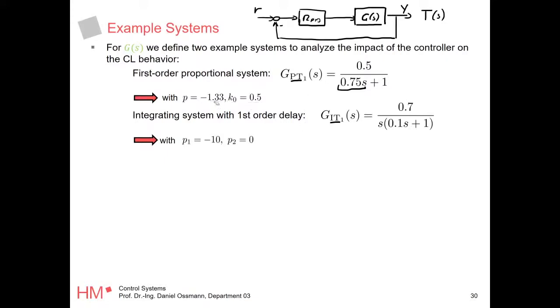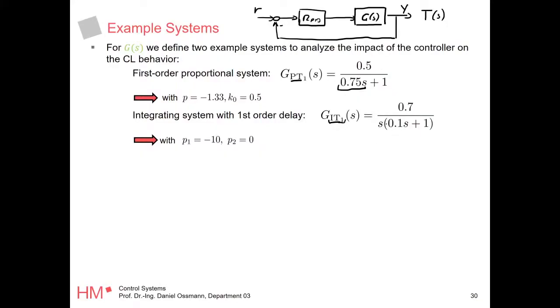Okay, the second example I promised you is an integral system. So you have this free integrator here, multiplied with a PT1. An integrator multiplied with a PT1 is an integrating system with a first order lag. So what can we say here? Okay, our gain is 0.7. Take care, it does not have a steady state gain, right? Because this is integrating.